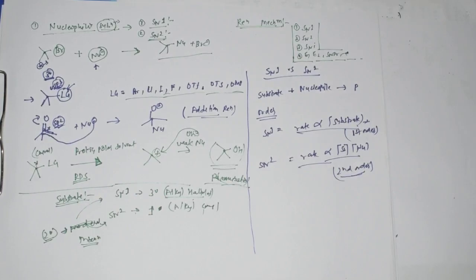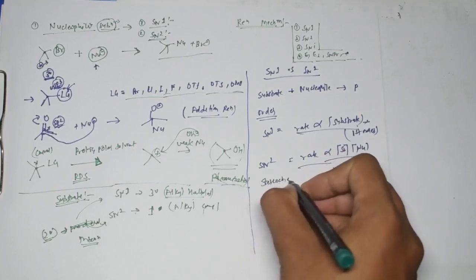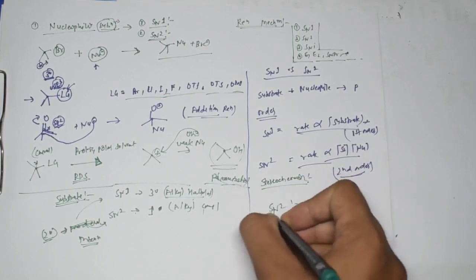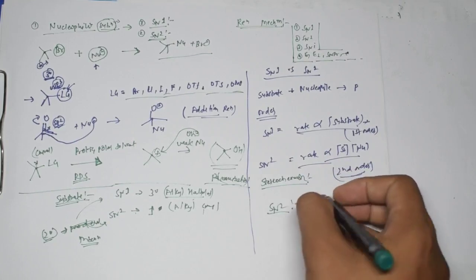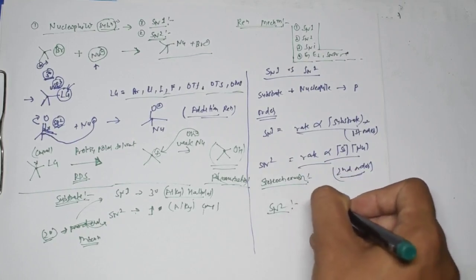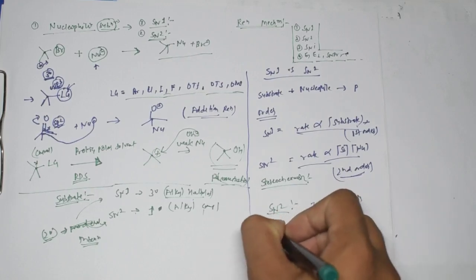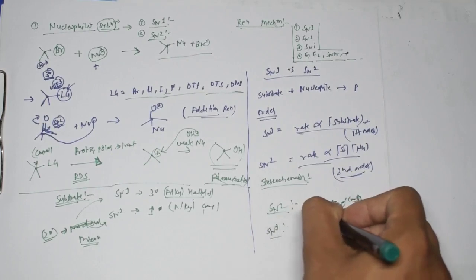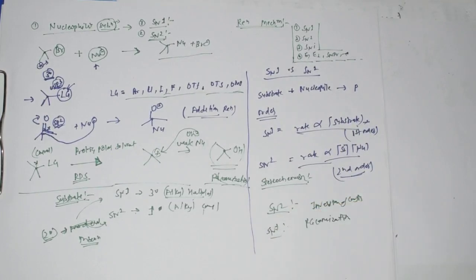And the next thing, if I talk about the stereochemistry: in case of SN2, the inversion of configuration takes place, and in case of SN1, racemization takes place, right?